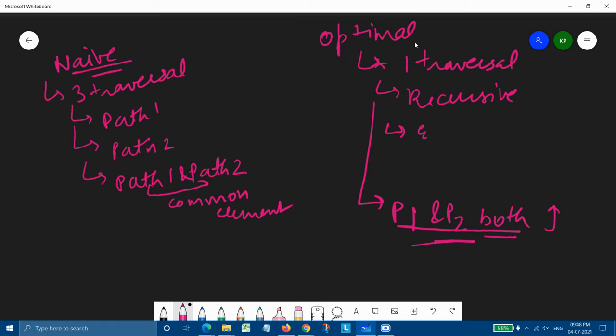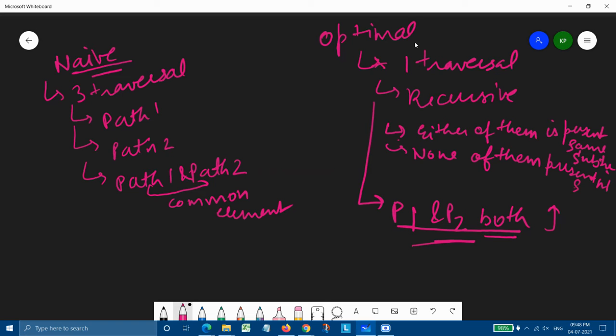That is, either of them is present in same subtree, none of them is present in same subtree, both of them present in same subtree, and the last one will be both of them are present in same line.